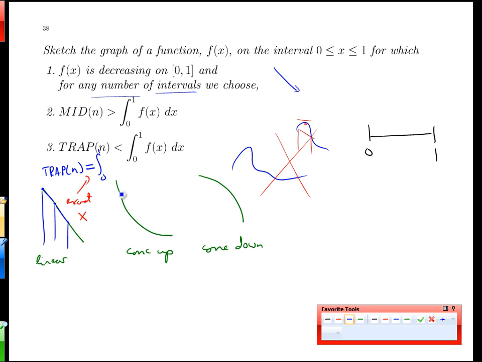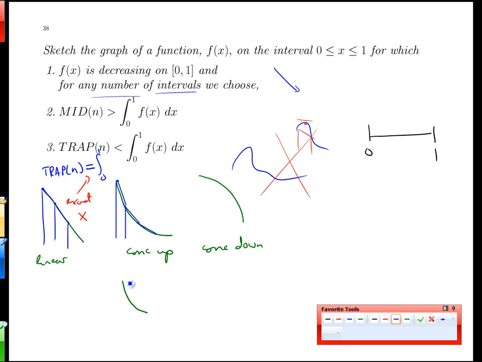Let's do the trapezoid rule again. Here, we'll do a bunch of points along the way. If we do the trapezoid for concave up, it's a little subtle, but let's zoom in a bit here.